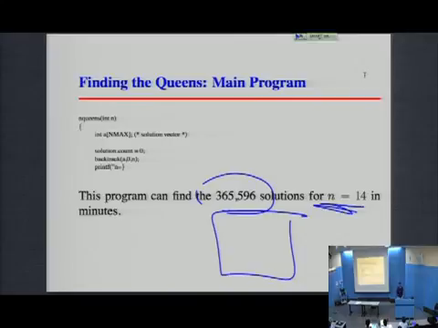Any questions about that? Do you see that the key here was representation? What is the concise way to put the board down so I don't have to search through as many possibilities? And pruning. When do I recognize that a move will do me no good, cannot help me?